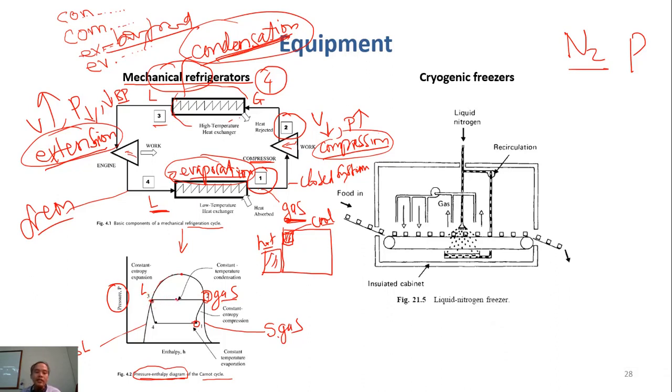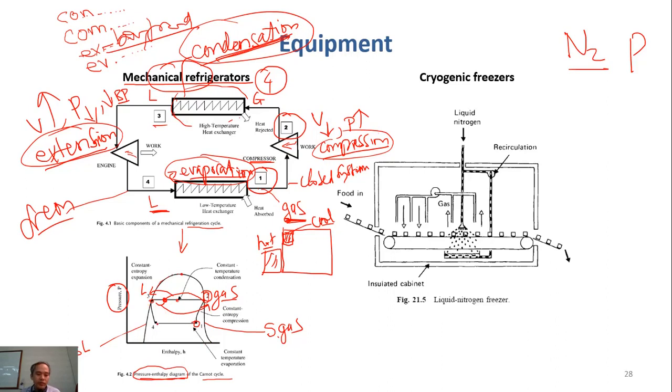At this condition, 50% is gas, 50% is liquid. At this position, how many percent is liquid? 75% is liquid, 25% is gas. This much proportion is liquid, this much proportion is gas, right?